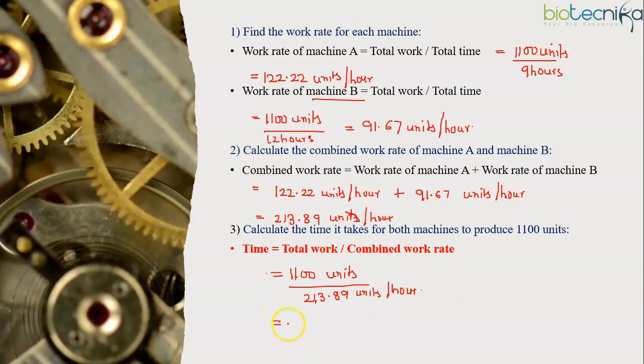So on solving, we'll get 36 by 7 hours. So machines A and B working together at these constant rates can produce 1100 units in approximately 36 by 7 hours. And therefore option 1 is the answer.